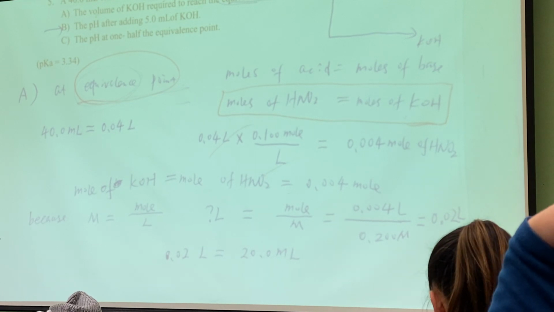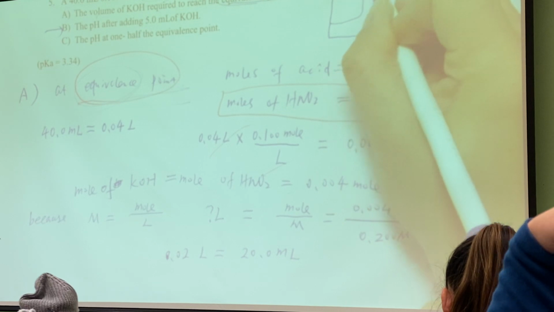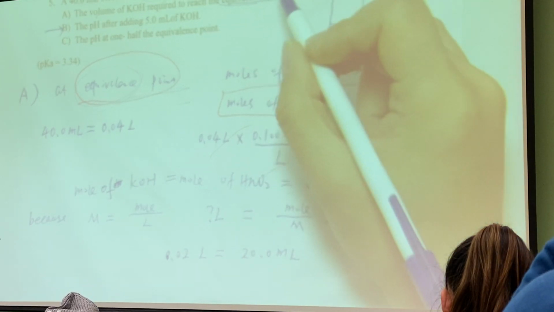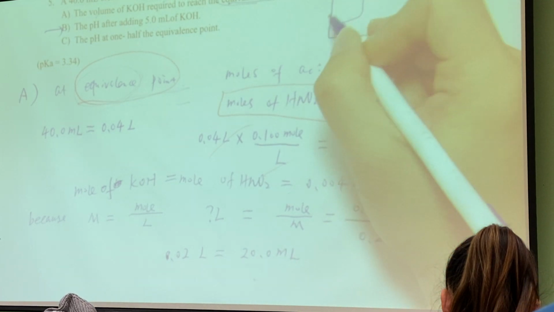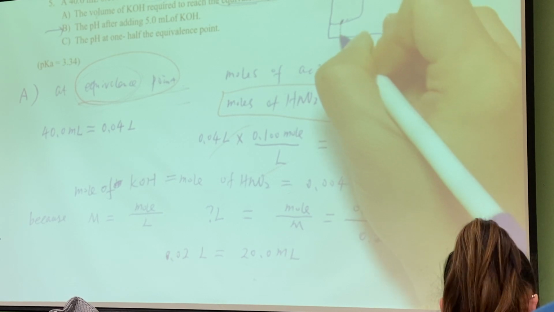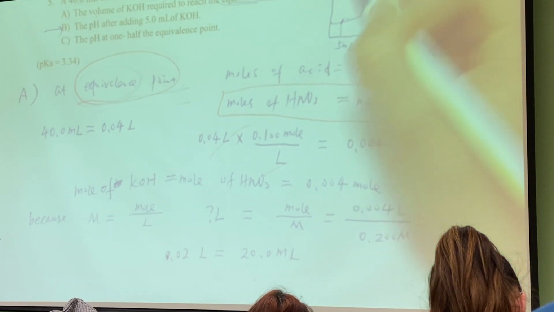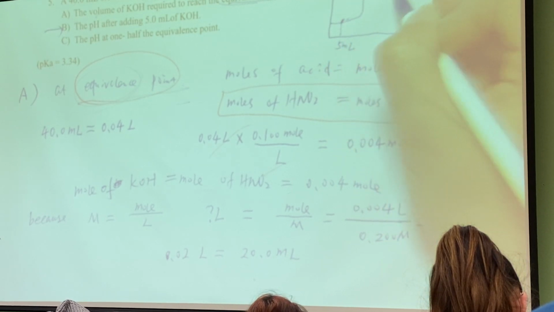In your burette, you're doing drop by drop, right? So in the beginning, you're not adding all your potassium hydroxide. For example, totally you need 20 to reach your ending point, or equivalence point. But in the beginning, there is a point you only use the 5.